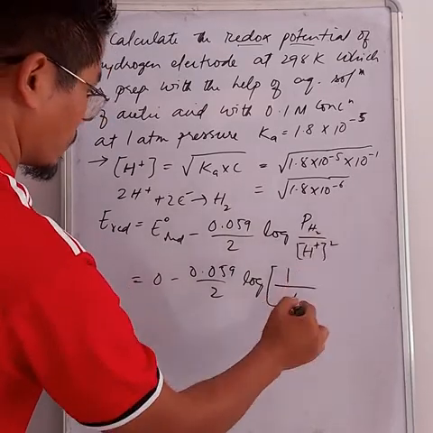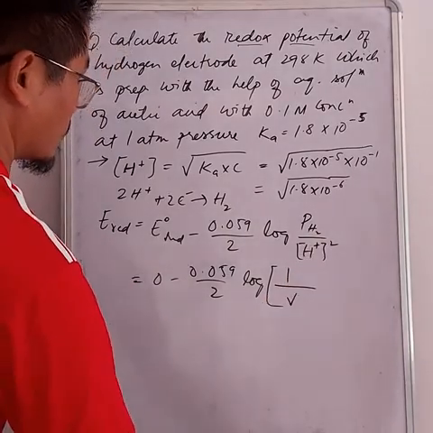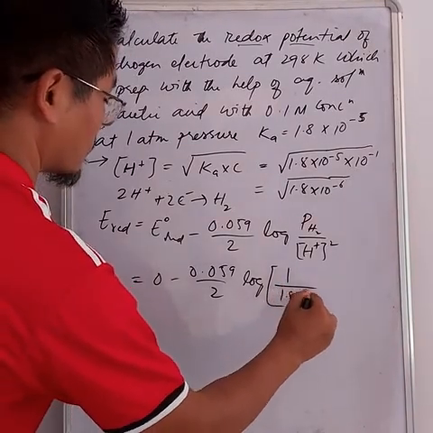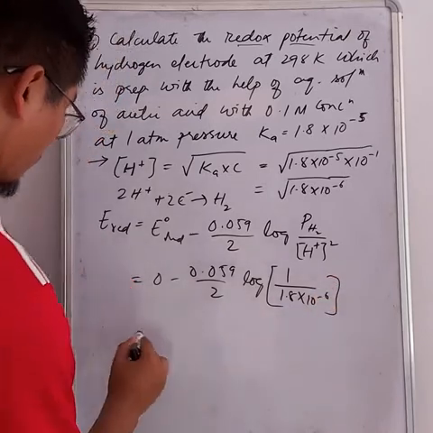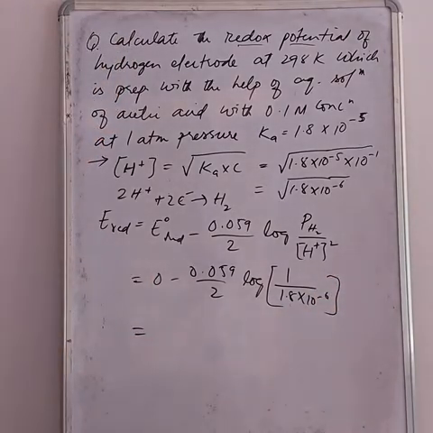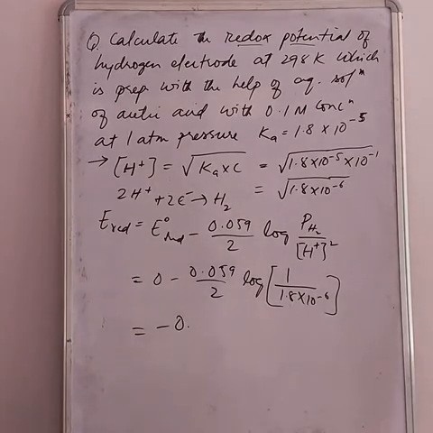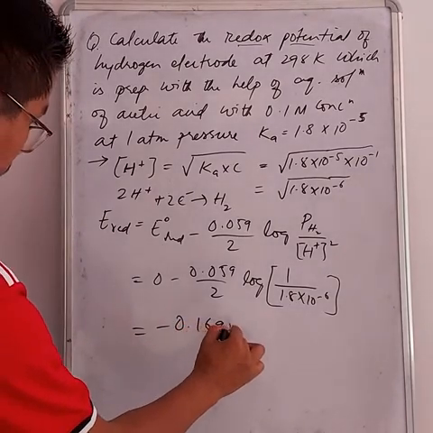So we'll just write the value directly. So if you solve it, you get around negative 0.169 volts.